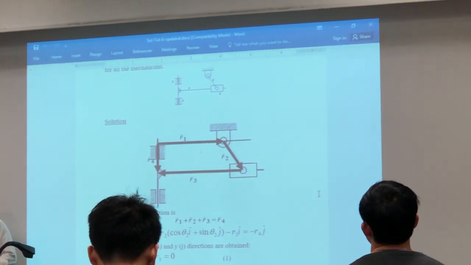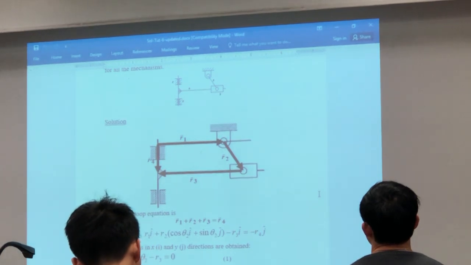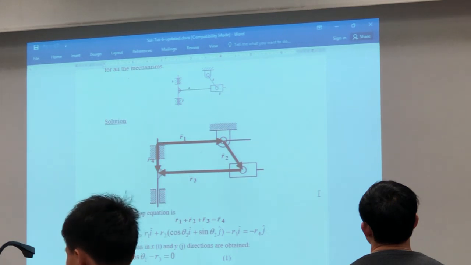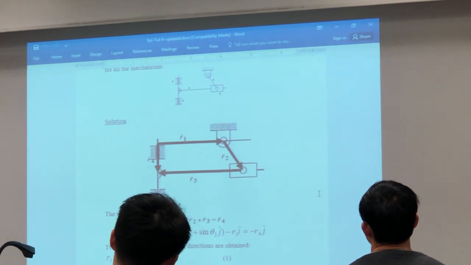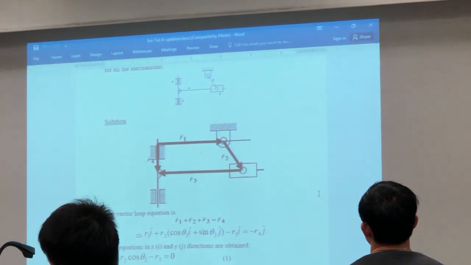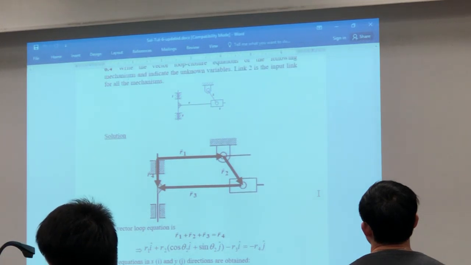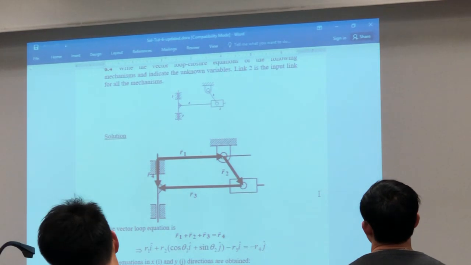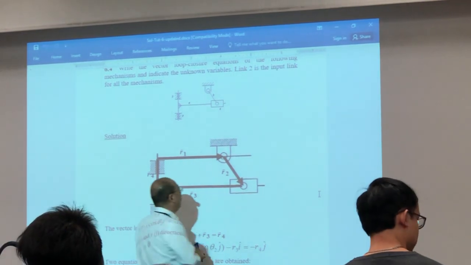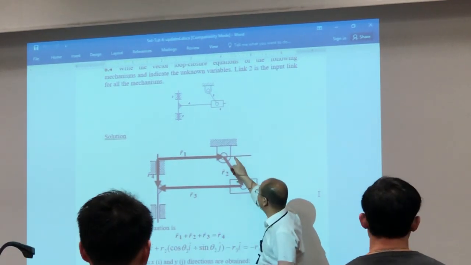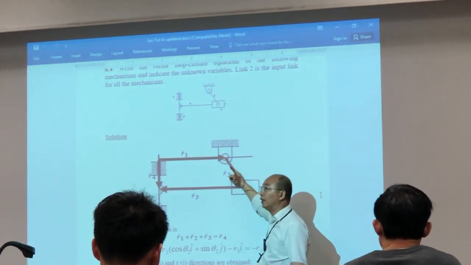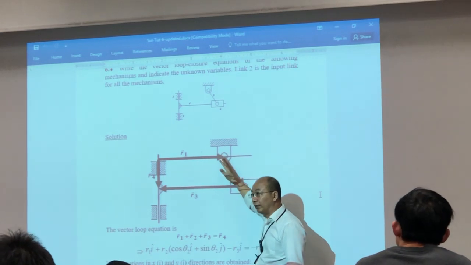So you have two scalar equations to solve for two unknowns. If you look at this mechanism, the problem must tell you which one is the input link. So link 2 is the input link, which means theta 2 is measured from here all the way up to here. So theta 2 is given.